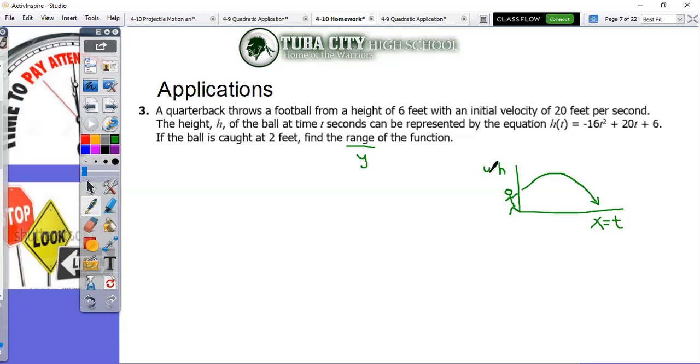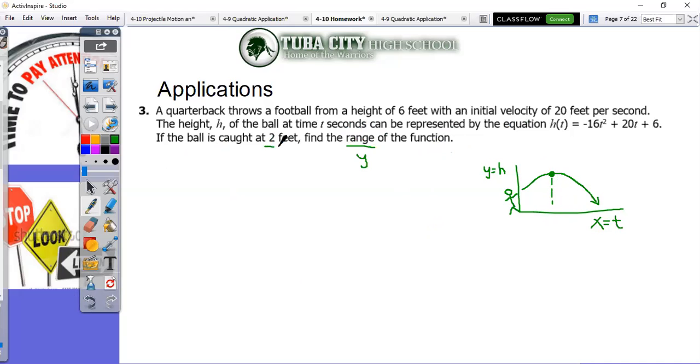The y-axis is the height. So this tells us that we are looking for the height of the football. So for this one here, we're going to have to work out a little bit. Okay, let's see, what can we do? Well, we want to know what the maximum height is, and we also want to know what the minimum height is.